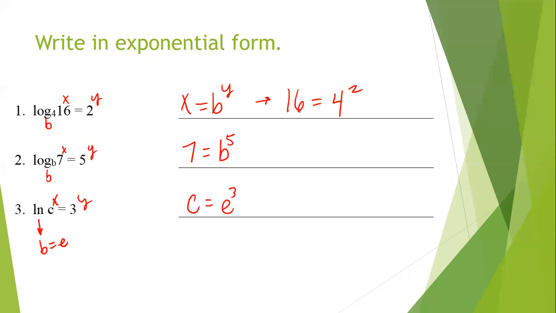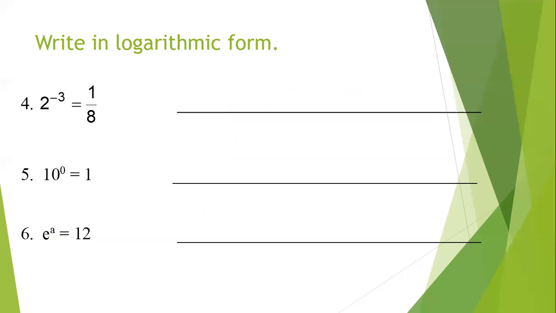So going vice versa, we're going to go from exponential to log. So now we have an exponent and we're going to write it as a logarithmic. So for log, it's log base b of x equals y. Okay, and the way I remember this one is say "by" to your x, "by" to your x.